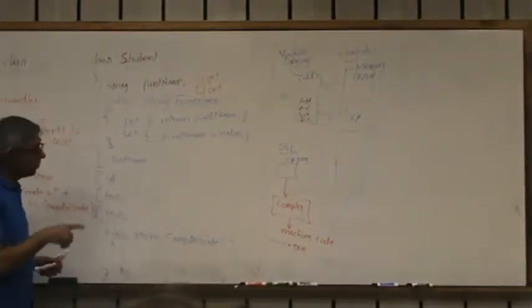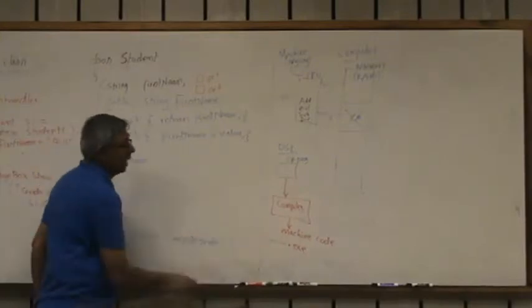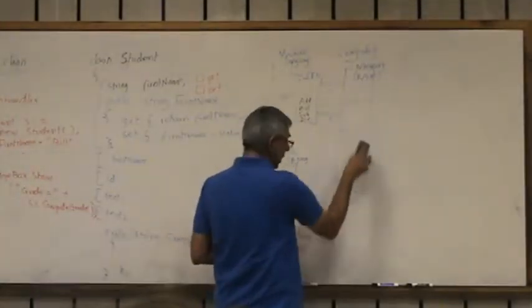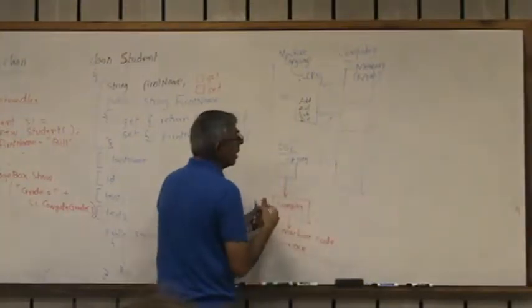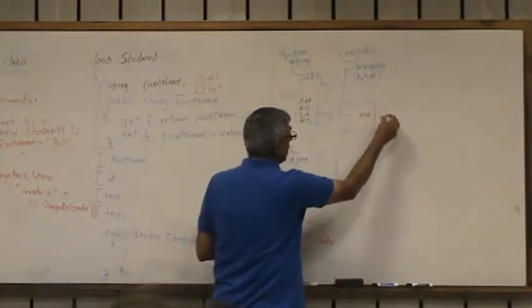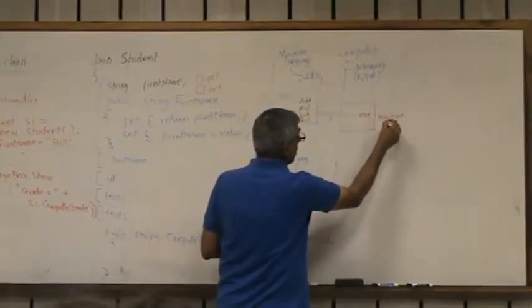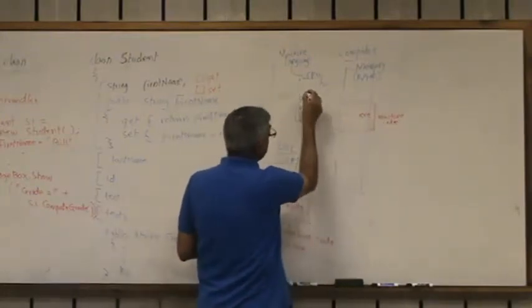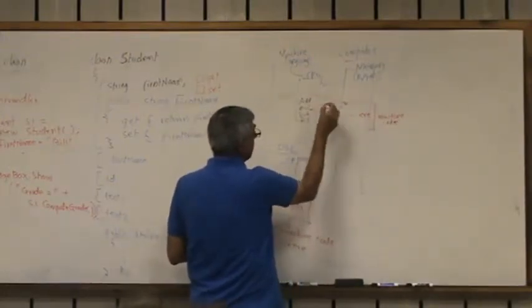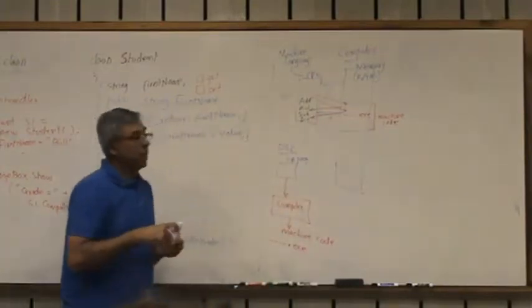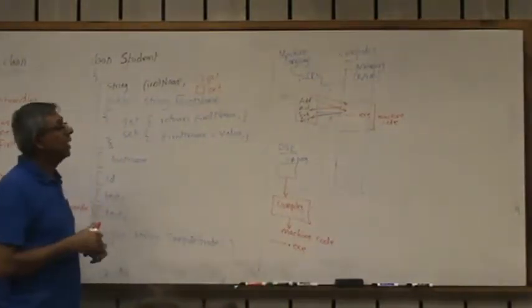If you double click on this exe file, the operating system loads the exe file into the memory. So this is all machine code now. Once it's loaded in the memory, the CPU can bring one instruction, execute it, go to the second instruction, bring it, execute it, and can execute the whole program, right?